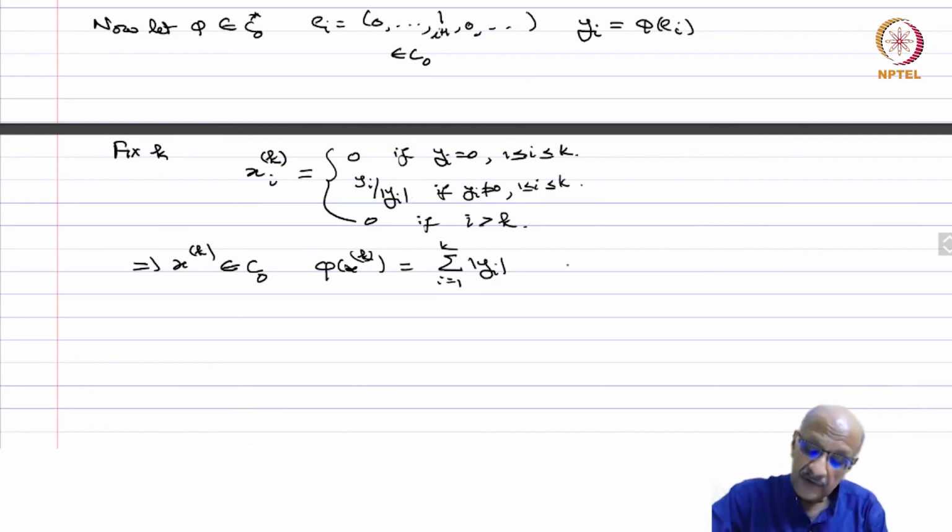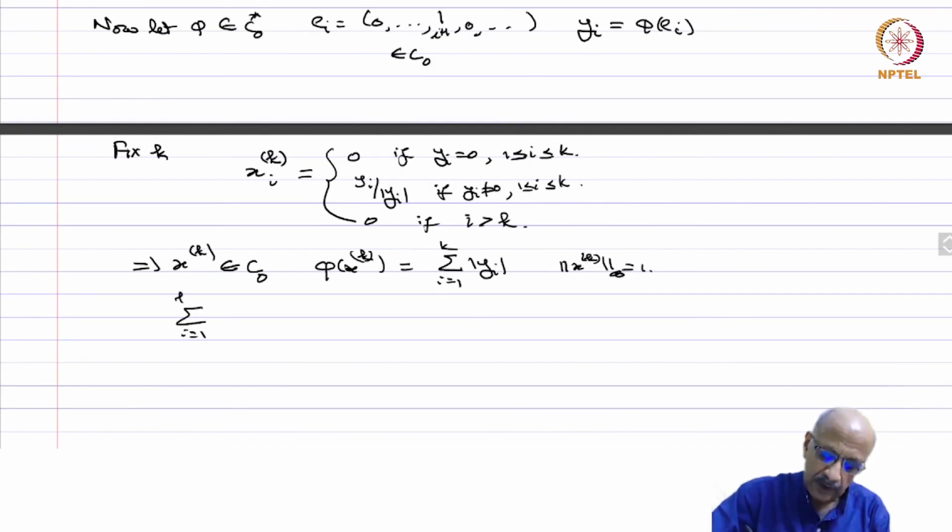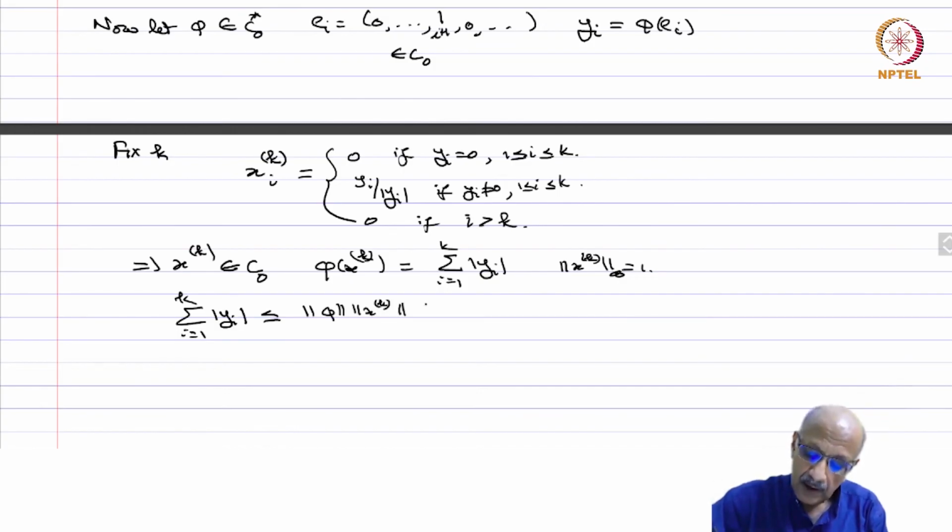And norm of xk infinity is 1. Therefore sigma i equals 1 to k of mod yi is less than or equal to norm phi times norm xk, and that is equal to norm phi.